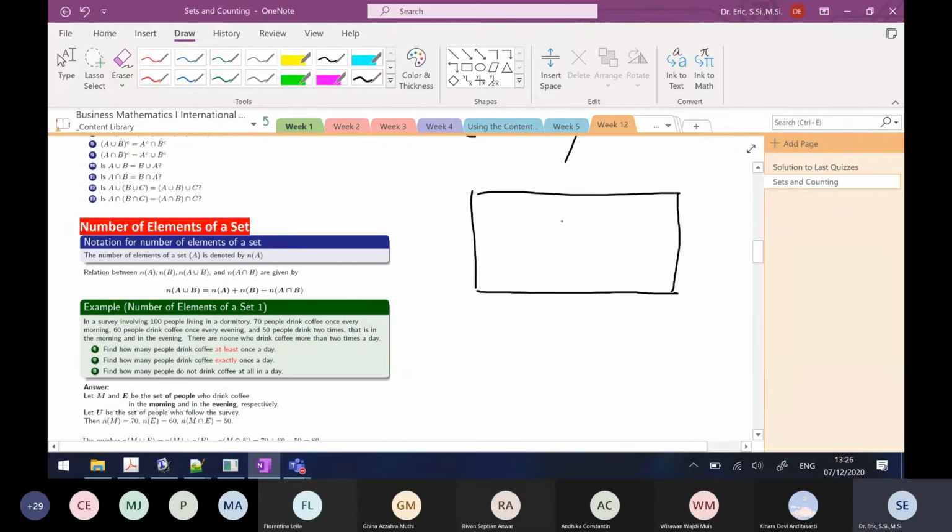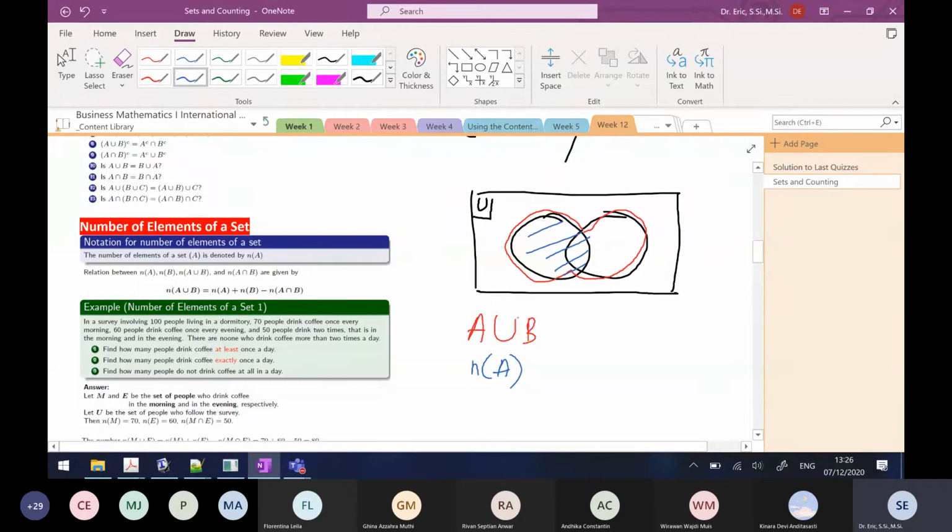So if I have this universal set, I want to have this. What is this? This is A intersection B. To find the union, start with the number of elements of A, and then plus the number of elements of B. Don't forget, the intersection is counted twice.